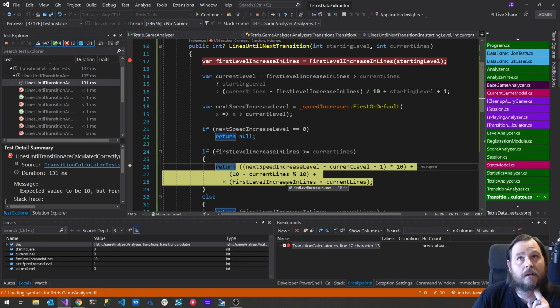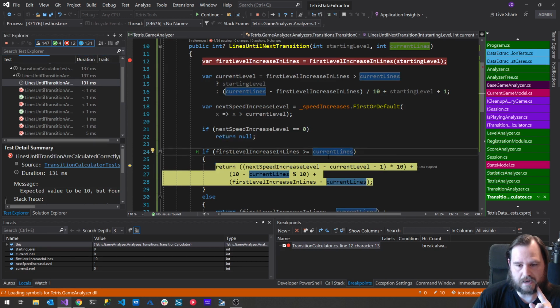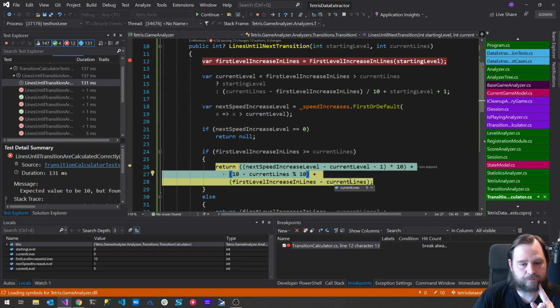And our current lines is 0. Wait a second. Yeah, I mean, this is adding up, but the thing is, this works for this very strange case where you're starting from level 0.